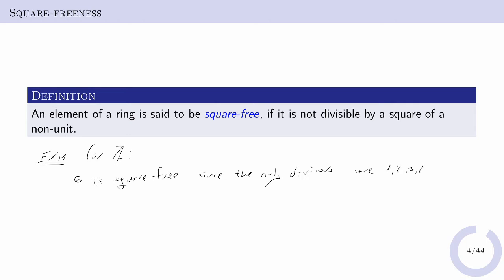So there is no square that could divide 6. In the ring of integers, no square can divide 6. On the other hand, 12 is not square-free.